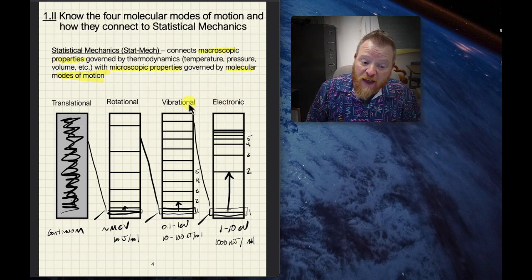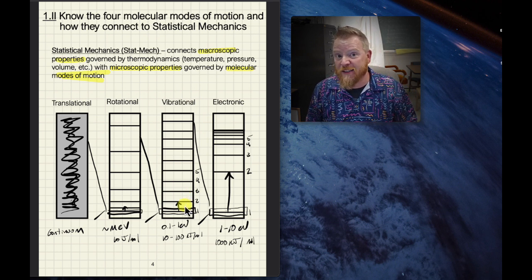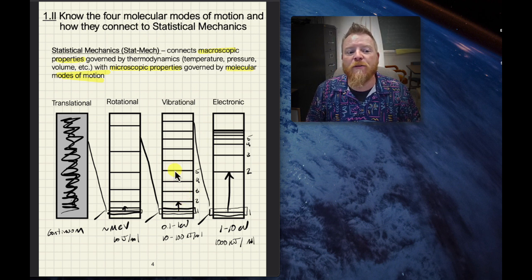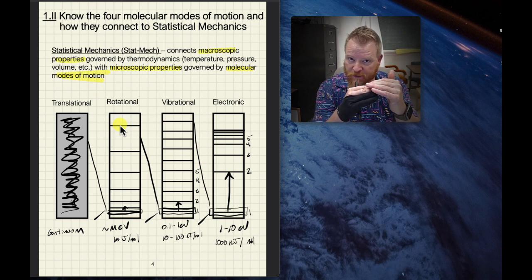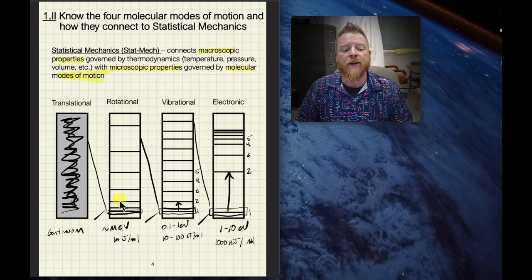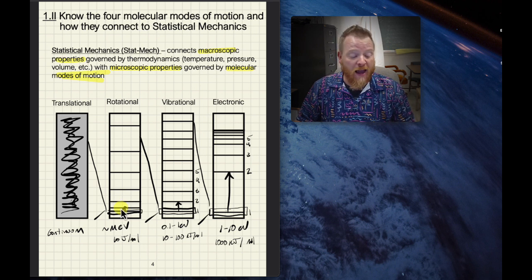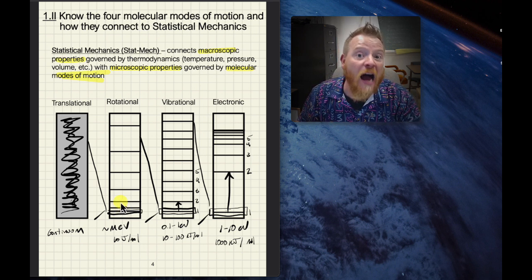In the vibrational levels, almost everything exists in the ground state. However, in the rotational levels, those energy levels are close enough together that there is a multitude of states occupied.